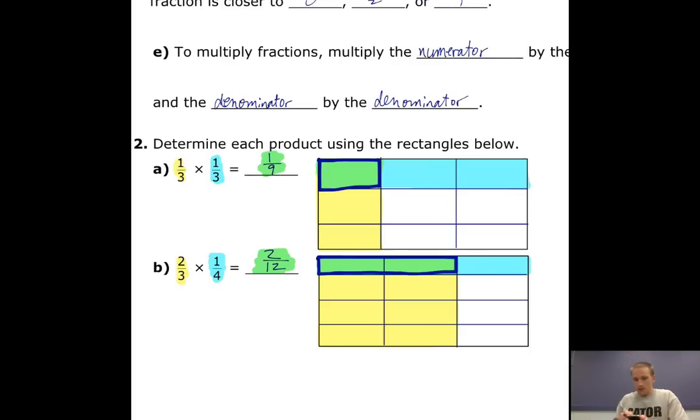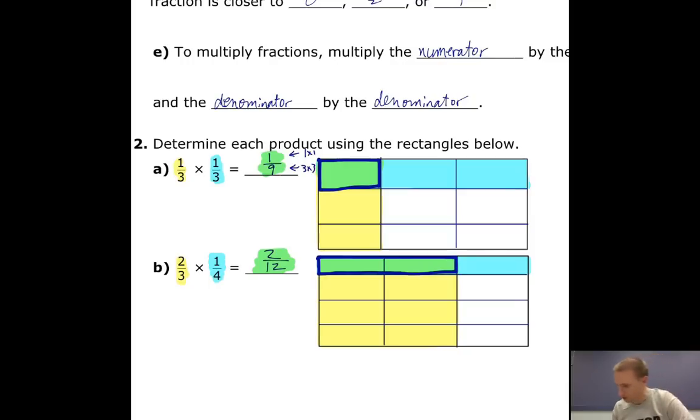So we can get this product using the diagrams, obviously, but you can also recognize what's happening with the way that we are getting the numerator and denominator. Note that this is 1 times 1, and that this denominator here is 3 times 3.